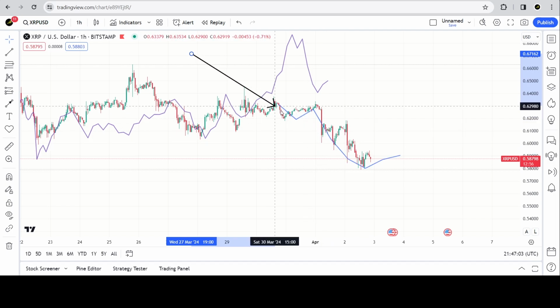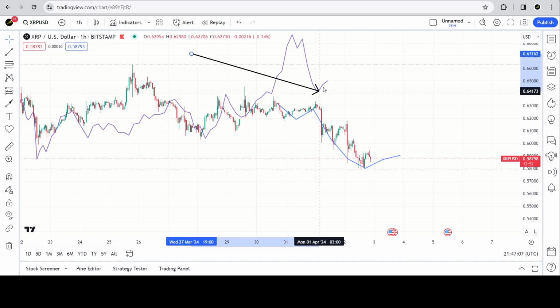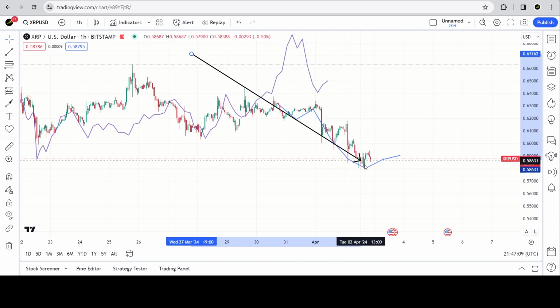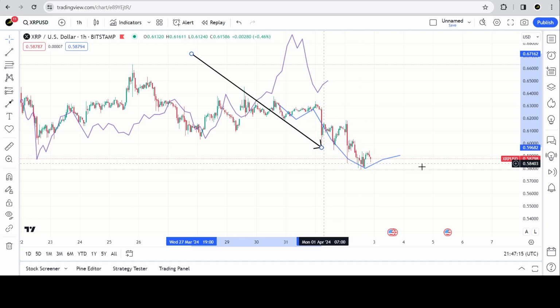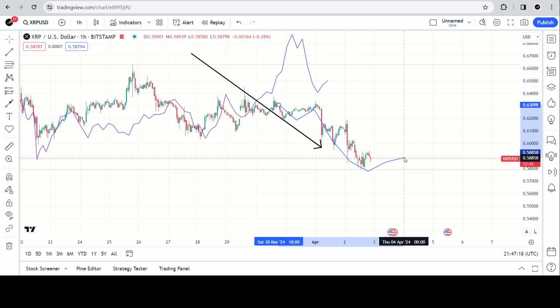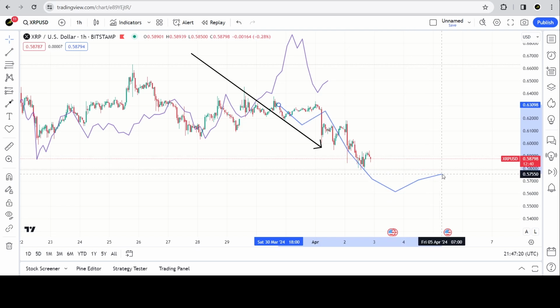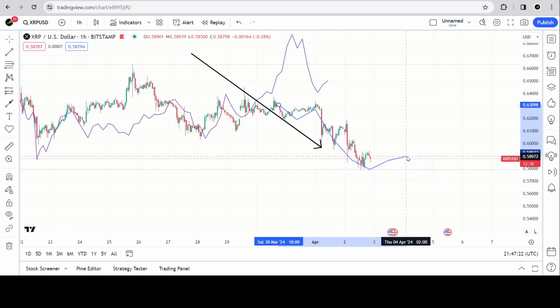Bam. So this blue fractal is this right here. So we could potentially be in the process of completing something like this. Now, it could be playing out on a larger scale than what I have here. It could be maybe something like this. I'm not sure. We'll have to see how that plays out.